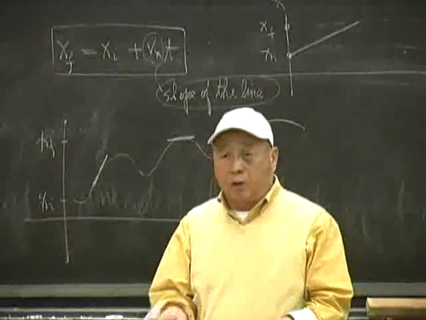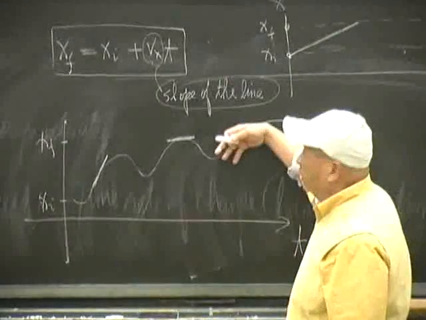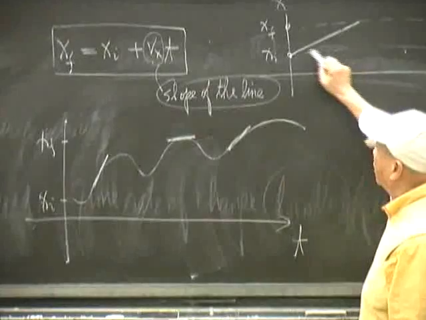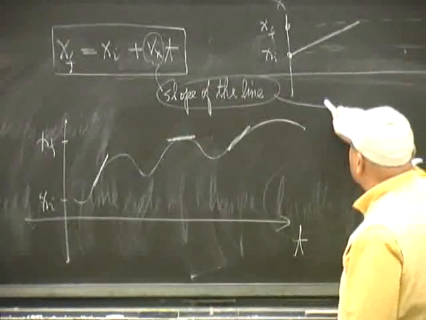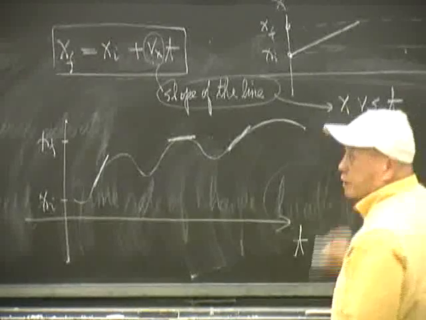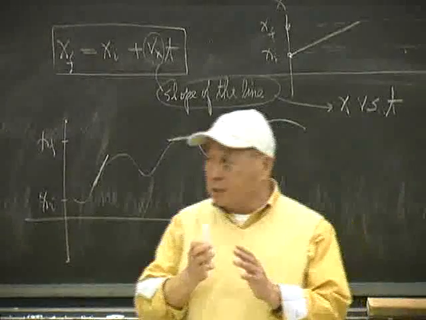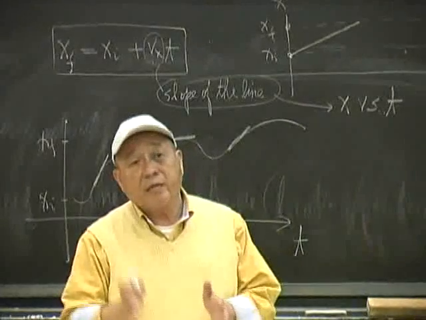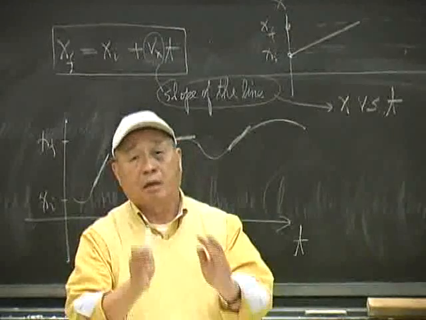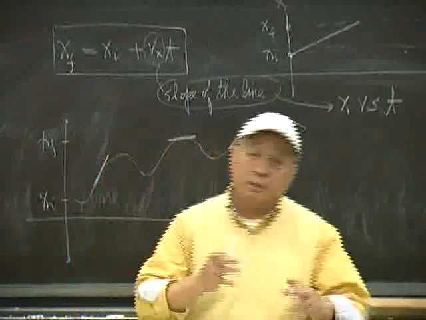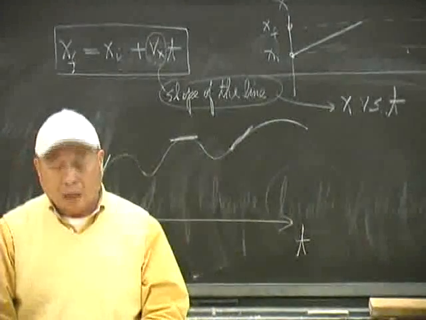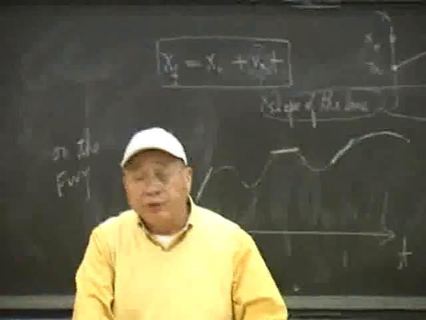So from the curve point of view, the slope on the x versus t curve is definitely related to the speed or velocity.